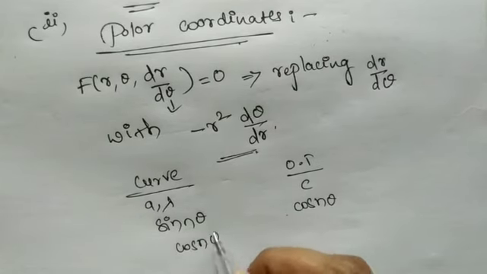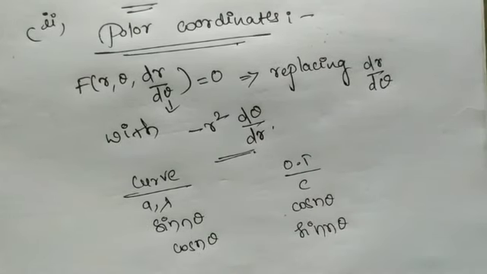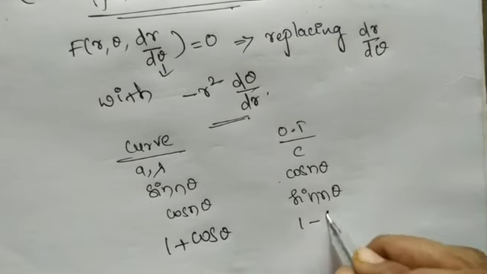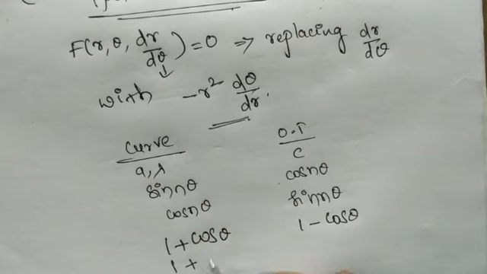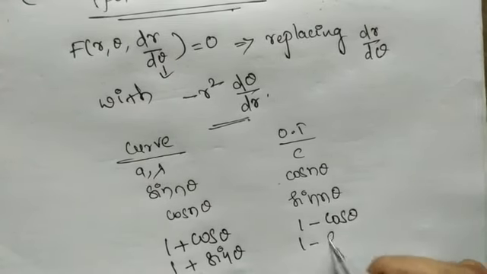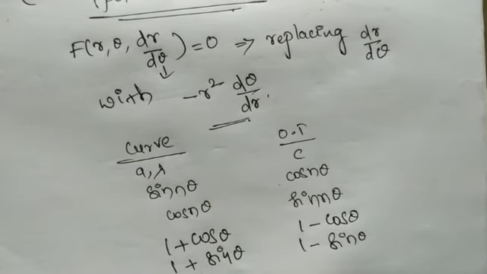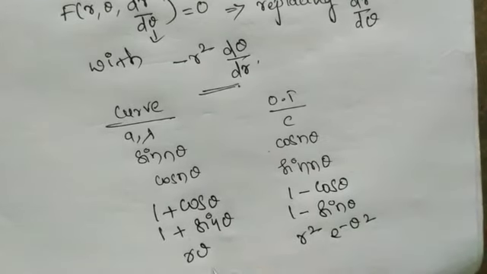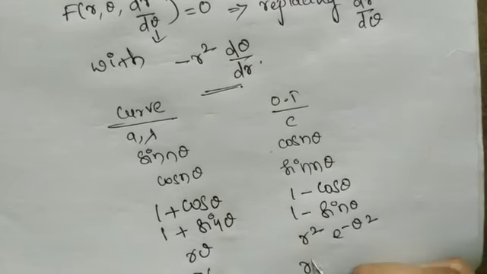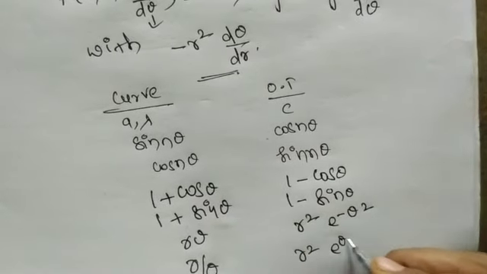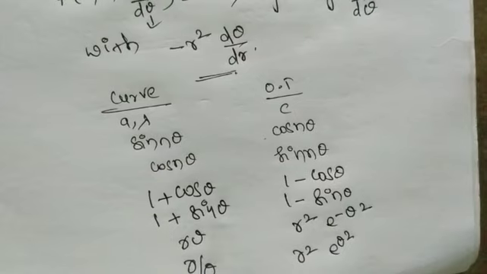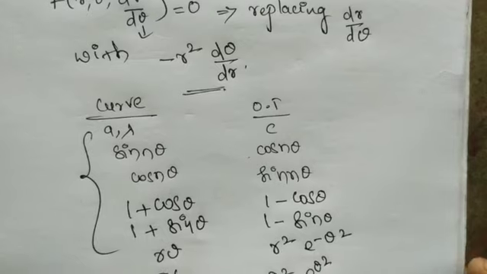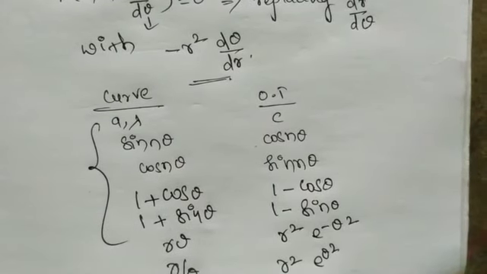Next cos n theta, sin n theta, 1 plus cos theta, then 1 minus cos theta, 1 plus sin theta, then 1 minus sin theta, r theta, r square e power minus theta square. Next r by theta, r square e power theta square. So these are the short forms of orthogonal trajectories in polar coordinates.